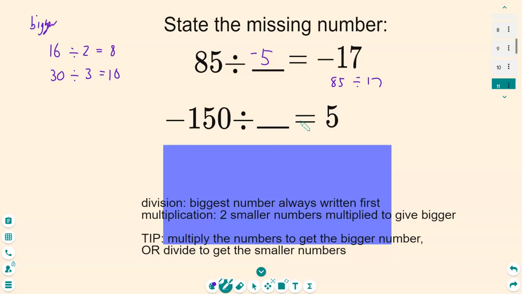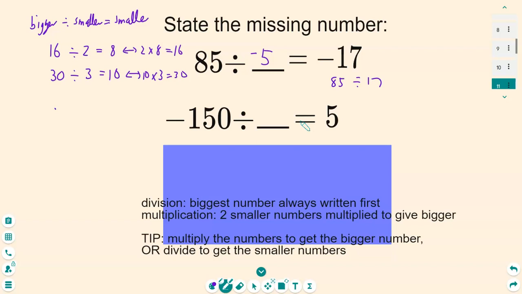Bigger divided by two smaller numbers. Because that's all it is. It's just a mixing up of those multiplication facts. Just like 2 times 8 multiplies to give the bigger number, or 10 times 3 multiplies to give the bigger number. We want two smaller numbers multiplying to give 150.